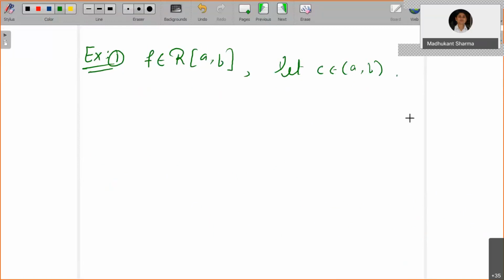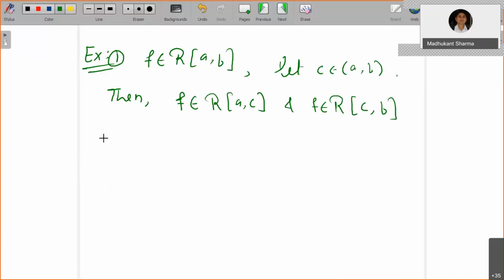Then f is Riemann integrable over the interval a to c, and f is also Riemann integrable over c to b.